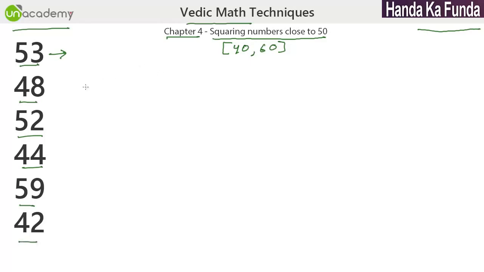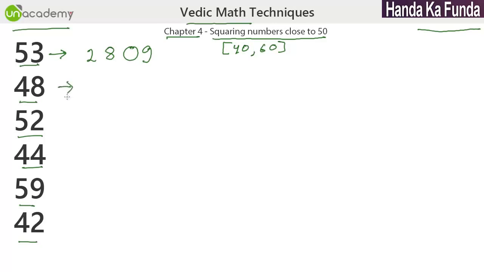Essentially, whatever is the distance of the given number from 50. So what is the distance of 53? The distance of 53 is 3 units. So the last two digits will be square of 3 or 09, and the first two digits will be 25 plus the distance. So 25 plus 3, or 2809.